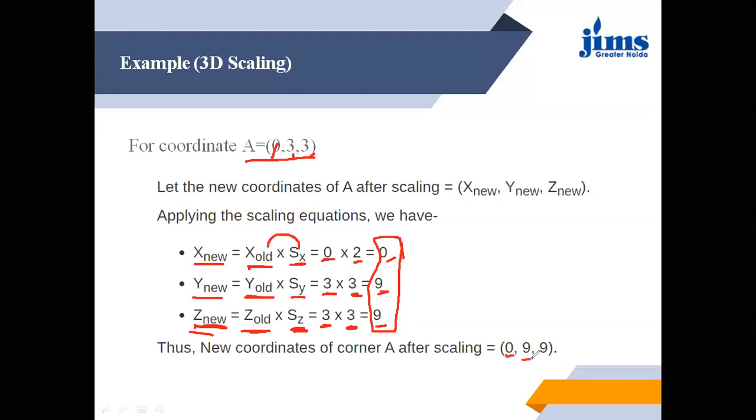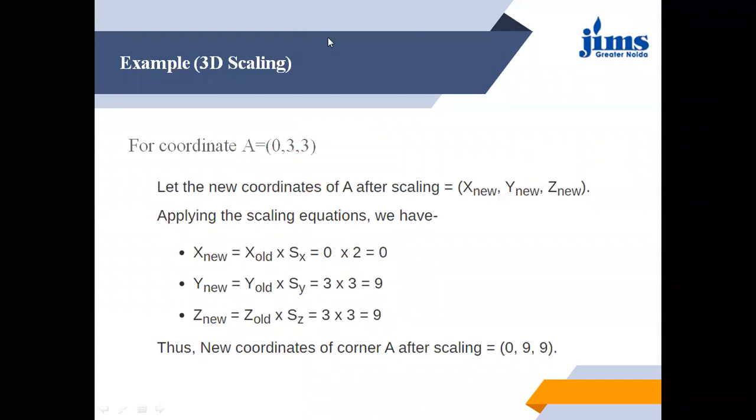This is the coordinate of the new point corresponding to point A, whose coordinates are 0, 3, 3, where the scaling factor is 2 on the x-axis, 3 on the y-axis and 3 on the z-axis. In this way we find the new coordinates for A.